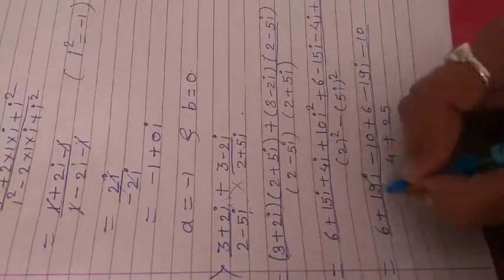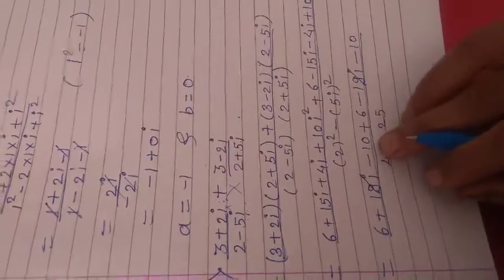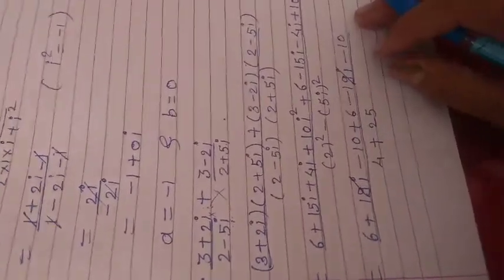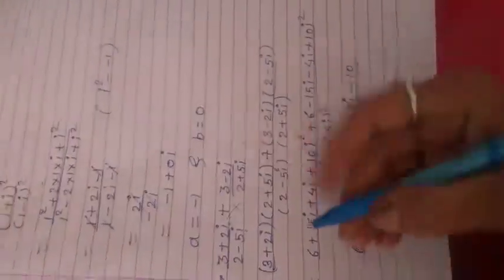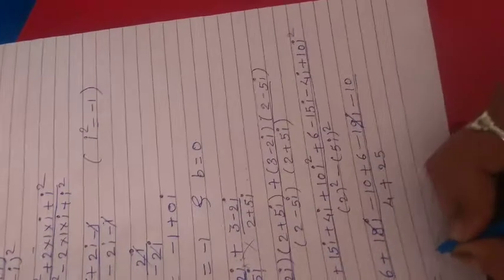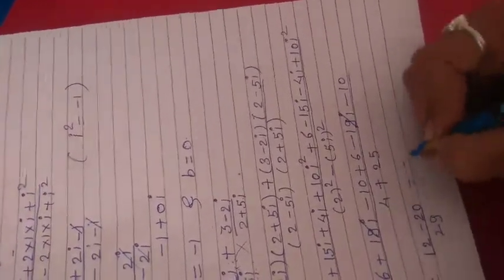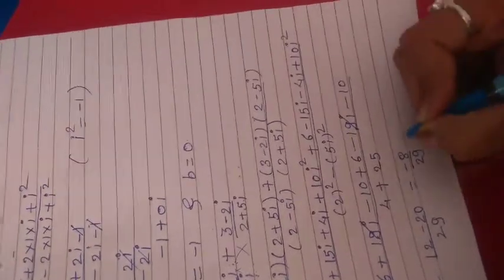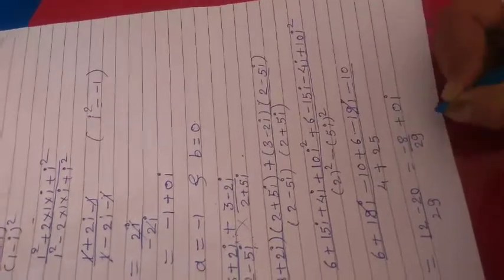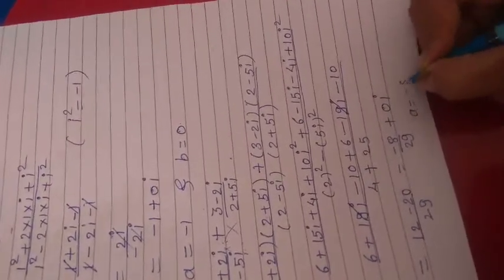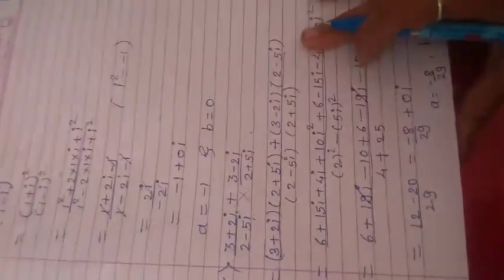And plus 19i minus 19i cancel, then 6 plus 6 is 12, and minus 10 minus 10 is minus 20. So therefore this is 12 minus 20 upon 29. So minus 8 by 29, which means this is only the real part. So this can be written as plus 0i. So a is equal to minus 8 by 29 and b is equal to 0.